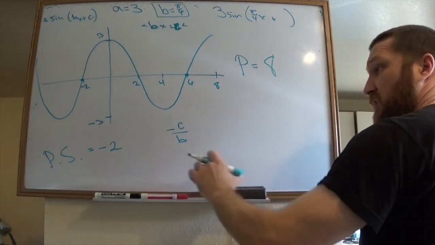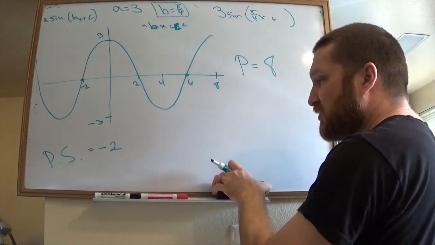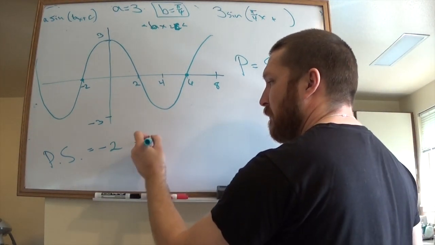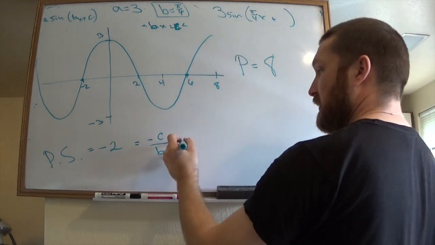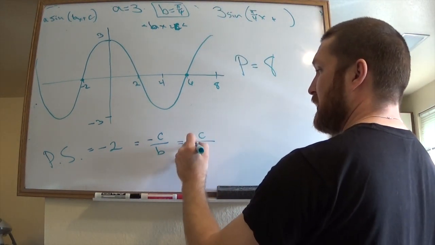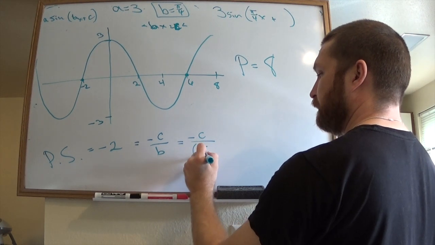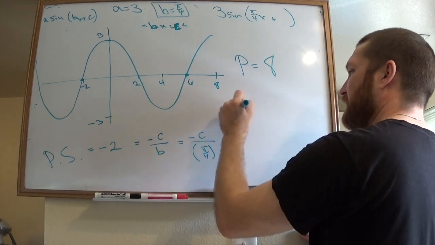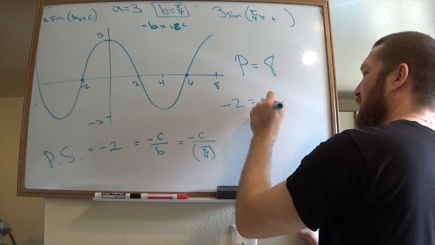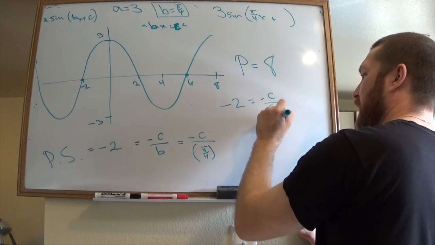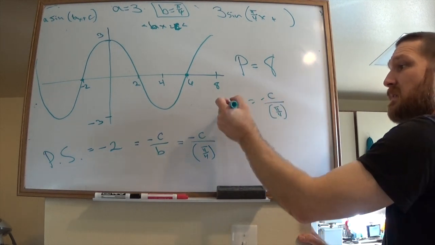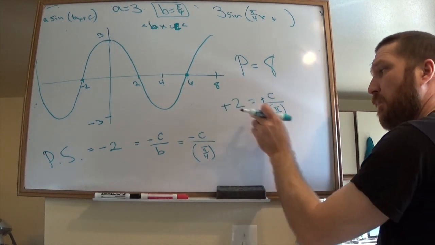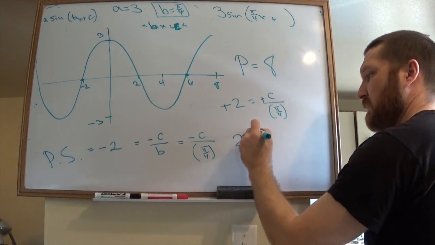So we could say, well, -2 is my minus c over b. We know what b is, so that gives me minus c over pi over 4. So if -2 is equal to minus c over pi over 4, notice negatives and negatives are gone. Bring the pi over 4 upstairs.